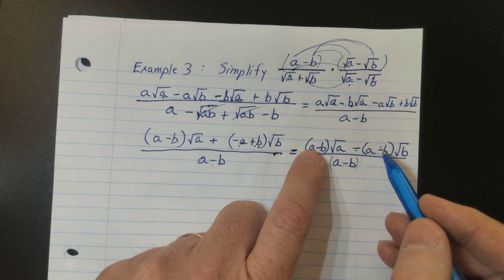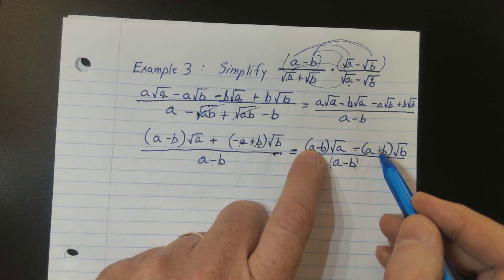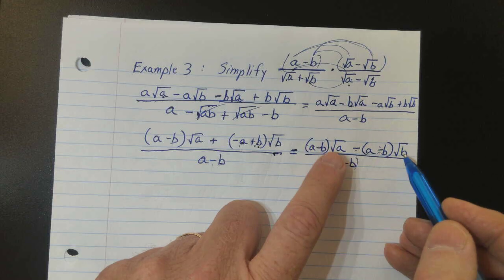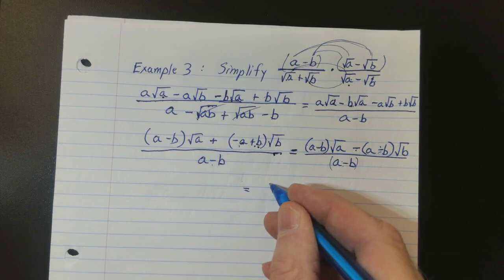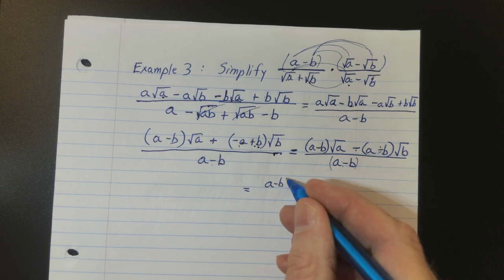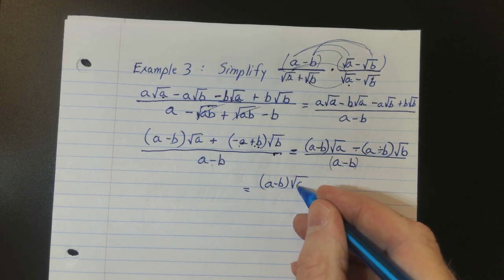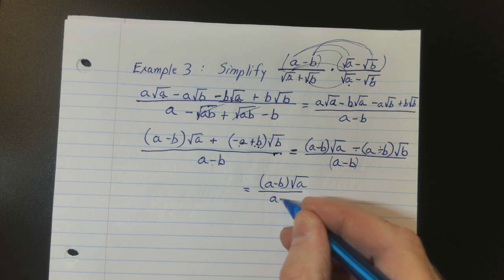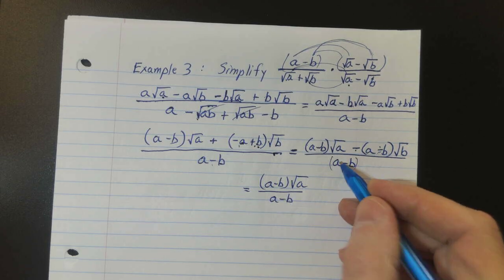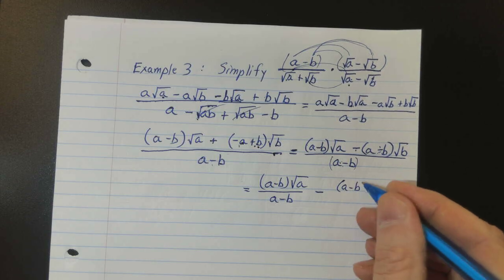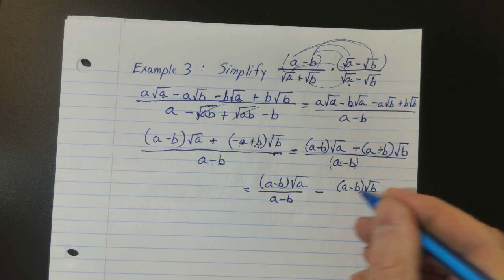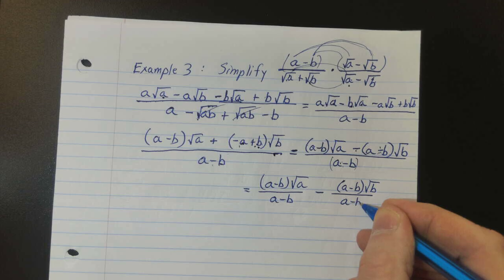I have a minus b here and I have a minus b here. Those are common. Here's what I'm going to do. I'm going to separate those into two parts. A minus b times the square root of a over a minus b, that denominator, minus a minus b square root of b over a minus b.